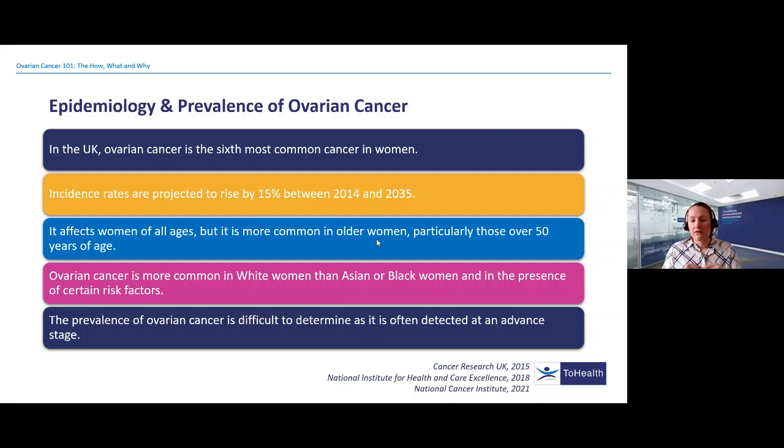And this is why ovarian cancer is often referred to as the silent killer because it's difficult to detect in those early stages. So being aware of the risk factors and being aware of the signs and symptoms is extremely important and something that I'd really like you to take away from today's session.